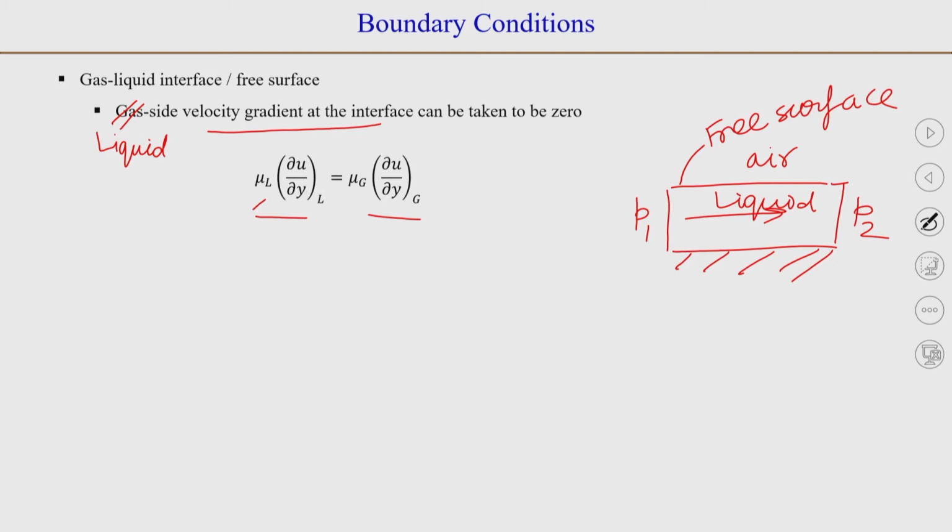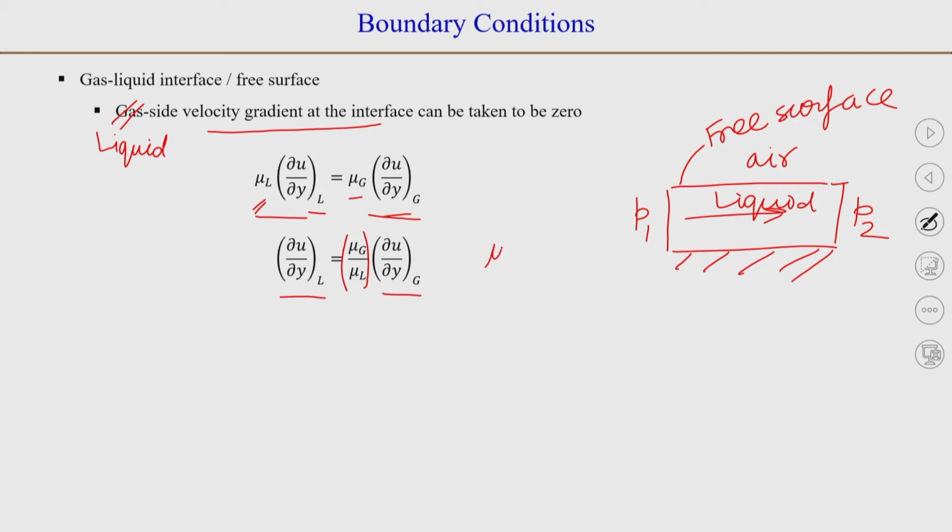So, from that continuity of viscous shear stress, we can write mu L dou u by dou y of liquid will be equal to mu g into dou u by dou y of gas. Now, we can rearrange this: dou u by dou y of liquid will be equal to the ratio of viscosities, gas divided by liquid, multiplied by the gradient of velocity in the gas side.